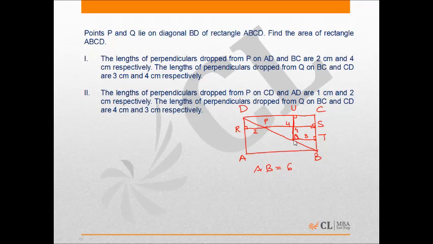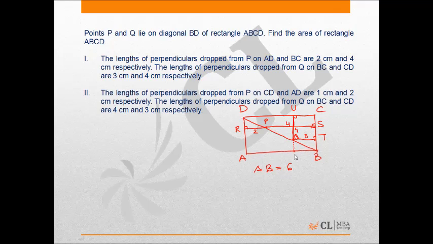Now you know that the length of AB is 6 and QT is half of 6, which is 3. So which means that Q is the midpoint on the diagonal. So if I look over here, I know the length of QU, which is 4.